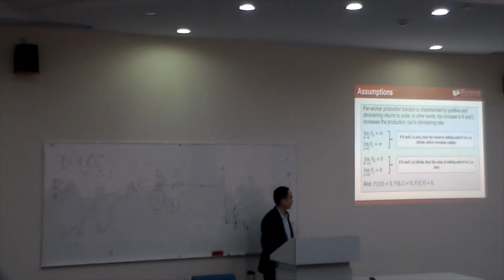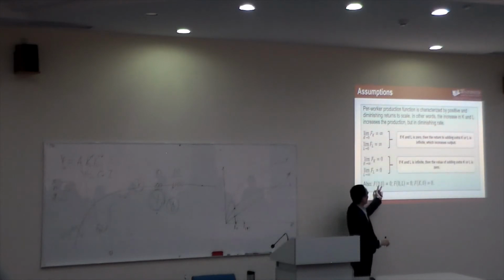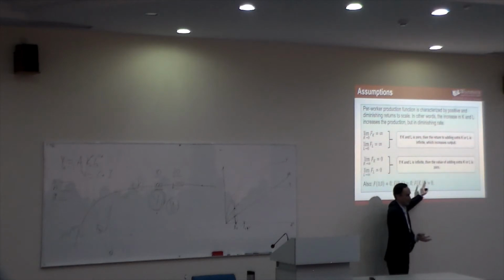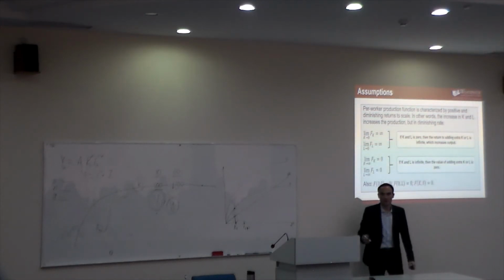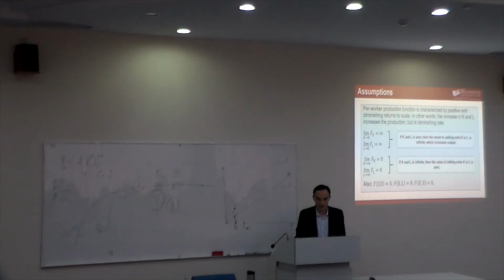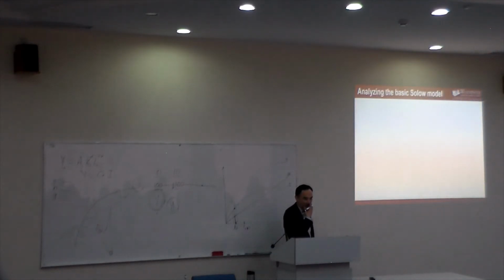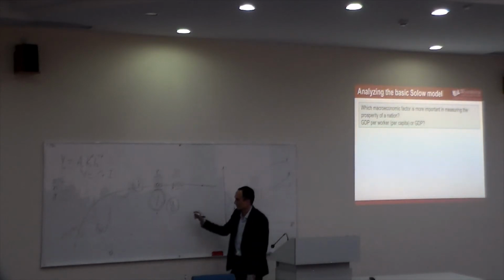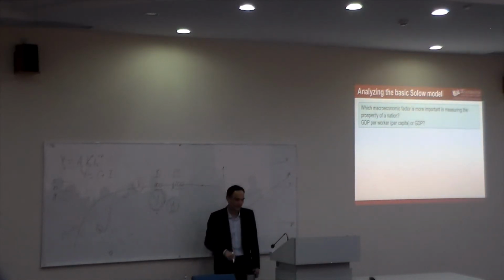This is an assumption. Or if there is no labor and no capital, of course nothing is produced, so output is 0. If one of them is missing, whether capital or labor, output is 0. So these are some assumptions to consider. So we said which one is more important? It is per capita, yes?